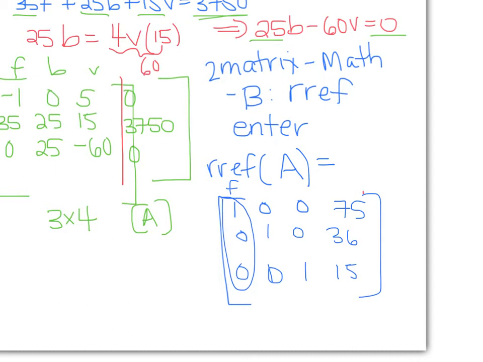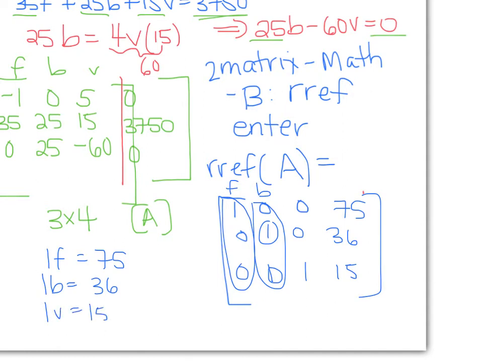So it really says 1 football equals 75. The second column was basketballs, so 1 basketball is 36, and then 1 volleyball is 15. So this was a nice way for us to figure out how many footballs, how many basketballs, and how many volleyballs.